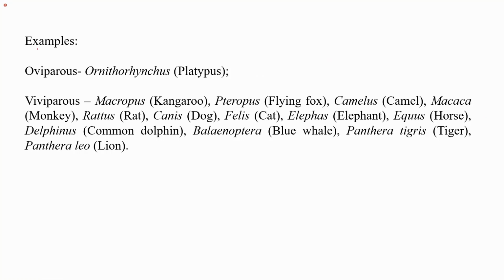Now, there are certain examples of mammals. The oviparous one is Ornithorhynchus, the platypus, which is the egg-laying mammal. This may be asked, but it is an exception. Usually mammals are viviparous.